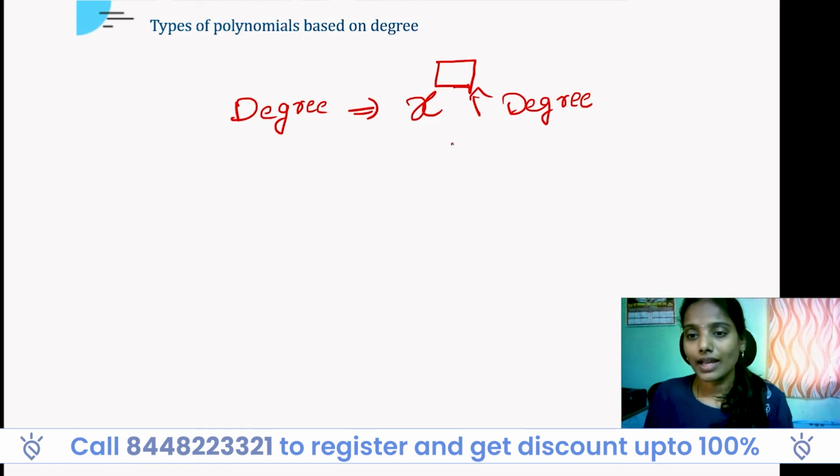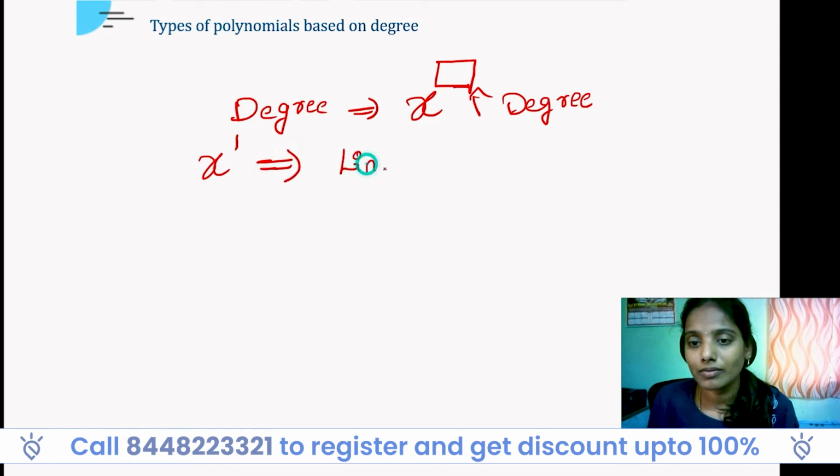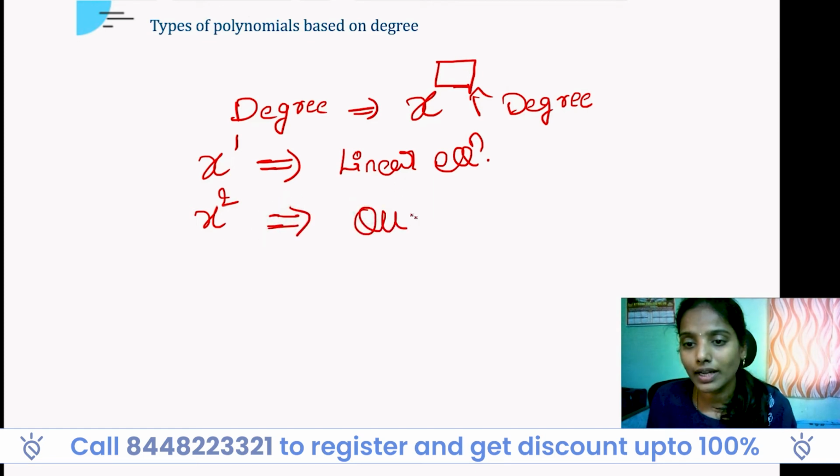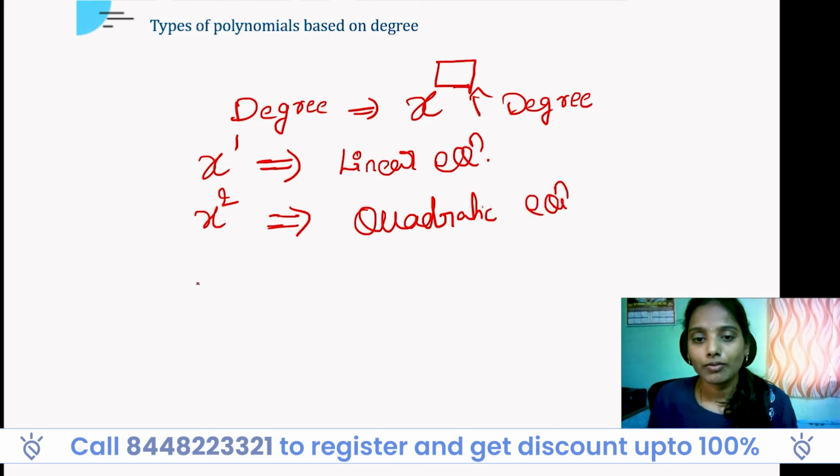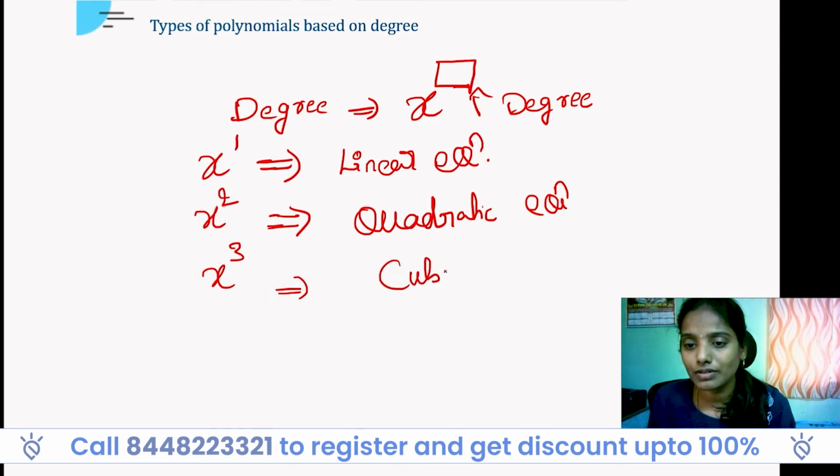If it has degree 1, we will call it a linear equation. If it has 2 degree, we will call it a quadratic equation. If it has 3 degree, we will call it a cubic equation.